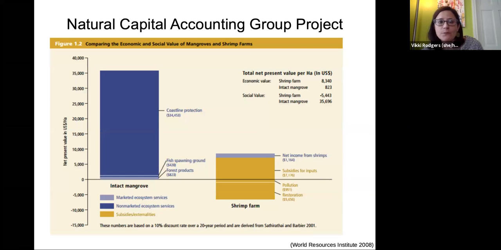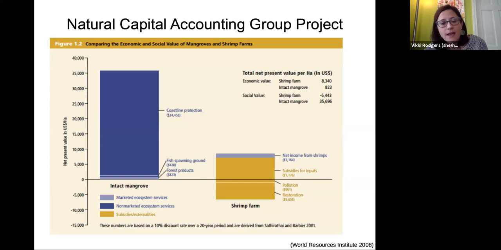And for this project, we've already sort of talked about natural capital accounting within the class. So you know, this is one of the slides that I use to introduce that and have them look and compare the net present value, which is something my business students know a lot about, of an intact mangrove compared to a shrimp farm.